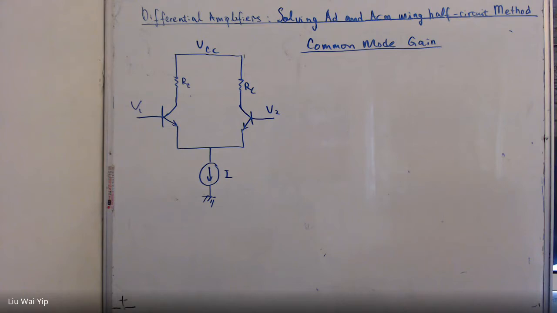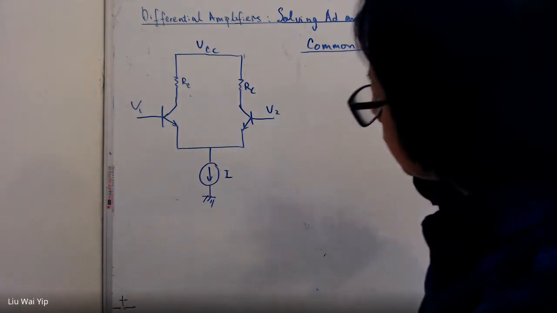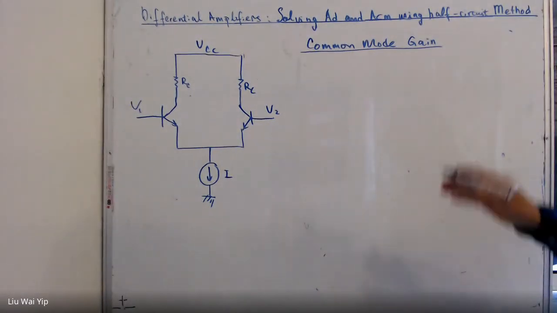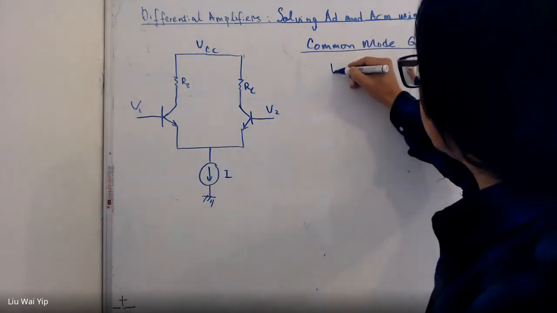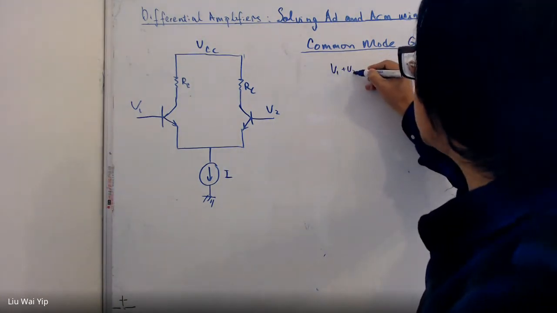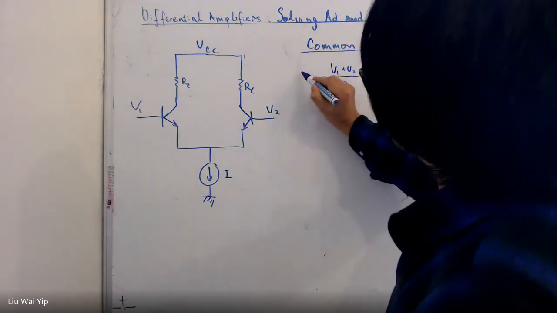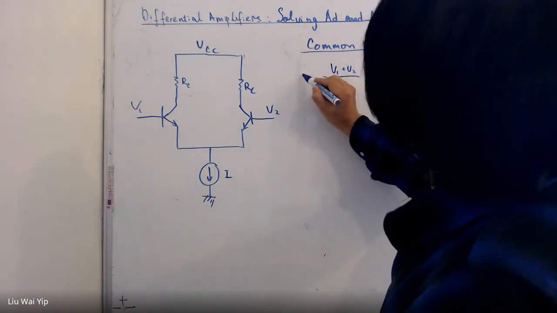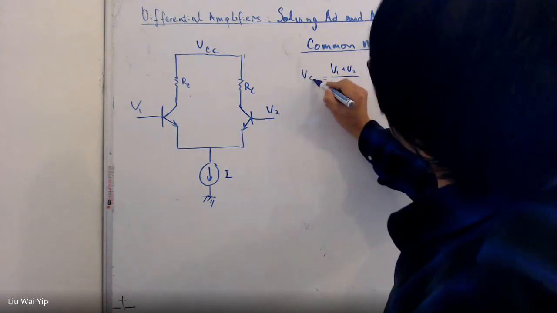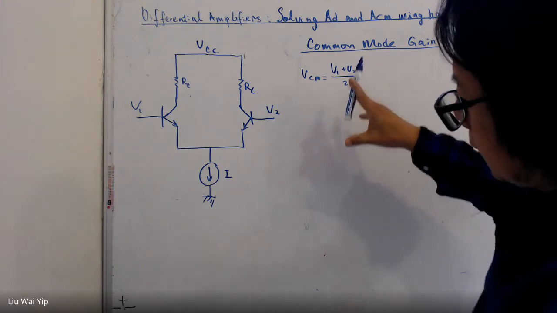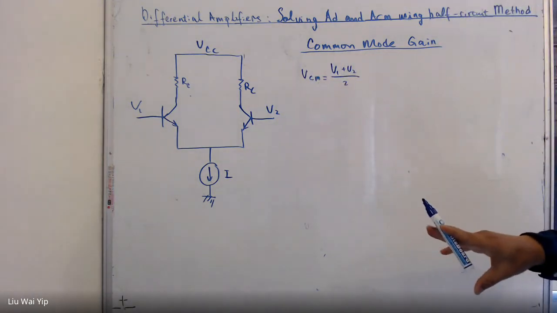First of all, for the common mode, we need to know what is the cause of common mode gain. Common mode voltage is V1 plus V2 divided by 2. Under normal circumstances, there should not be any common mode voltage.